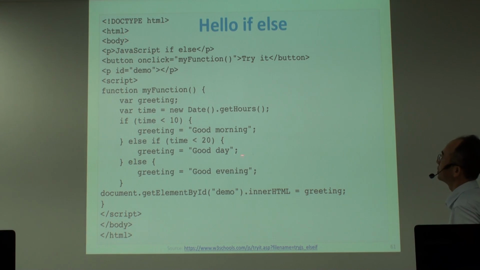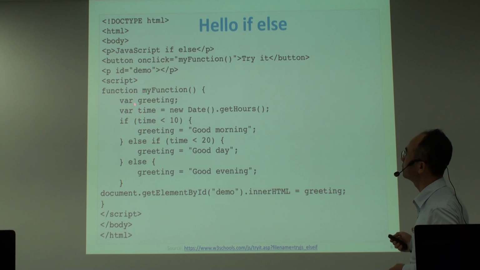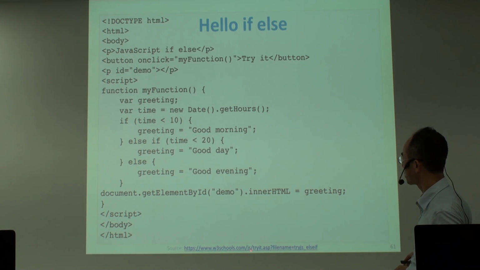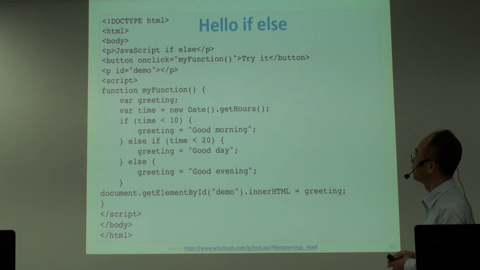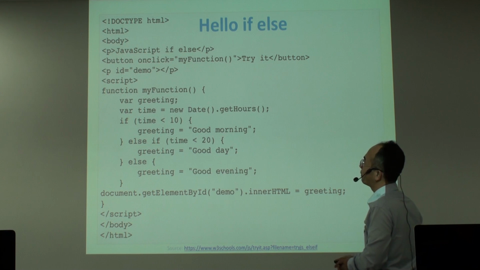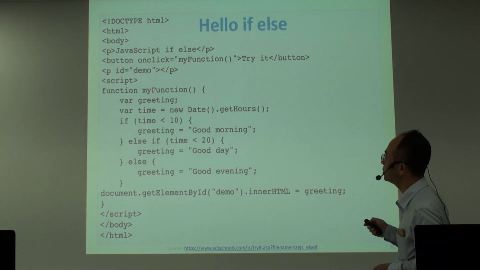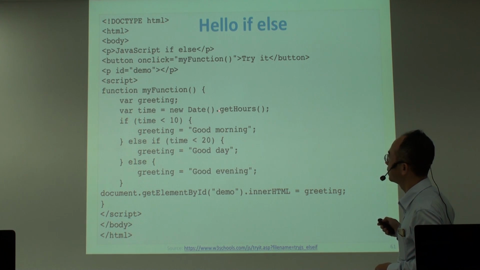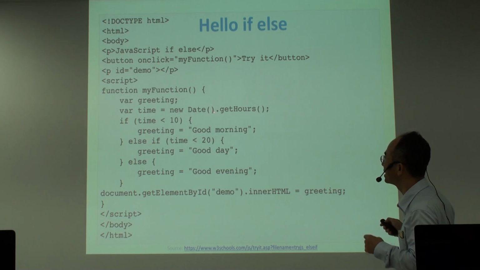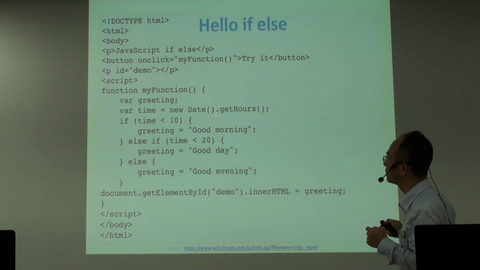For example, this is another example. This is if, for example, this is the try it file, else if. From this example, you can find this is your function, these greetings, right? And you can get the system date and time.